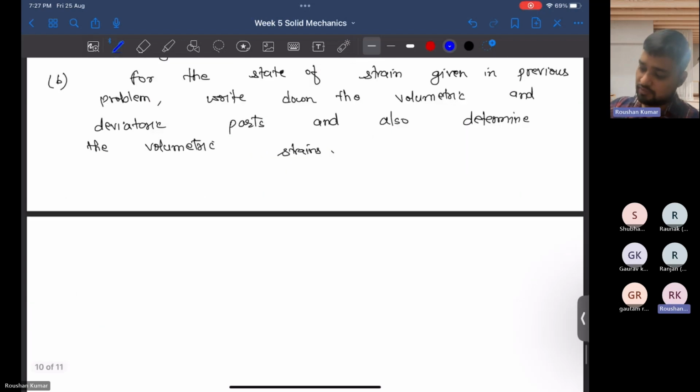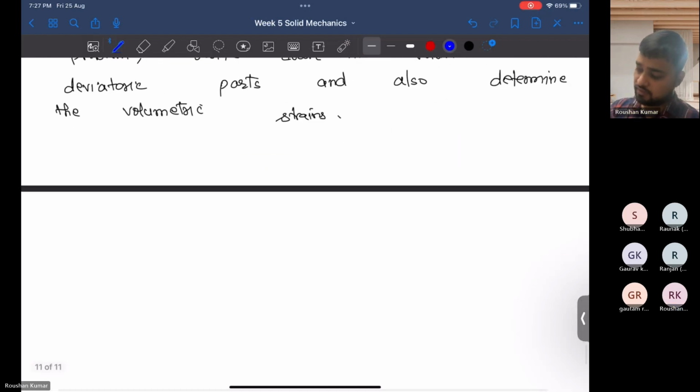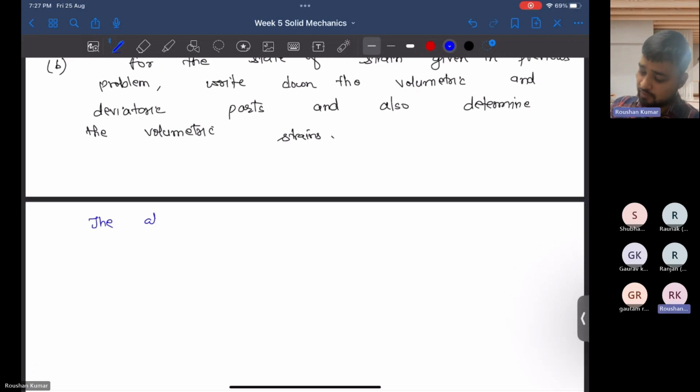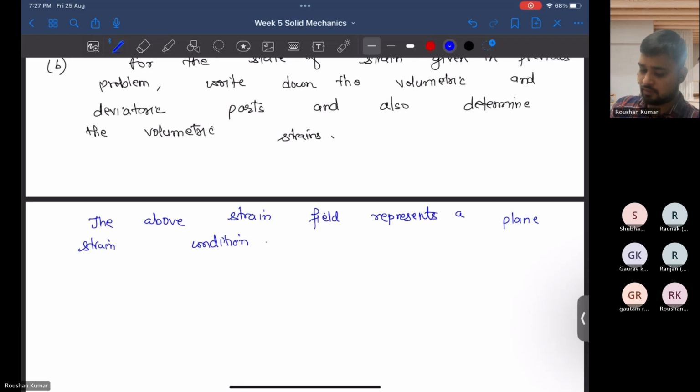So I write down here, the above strain field represents a plane strain condition.